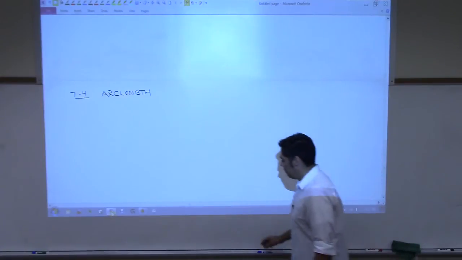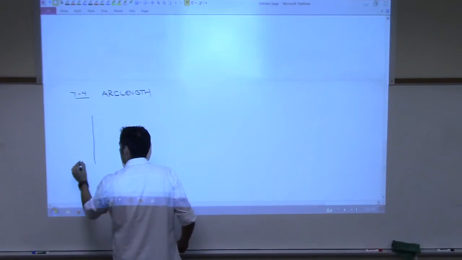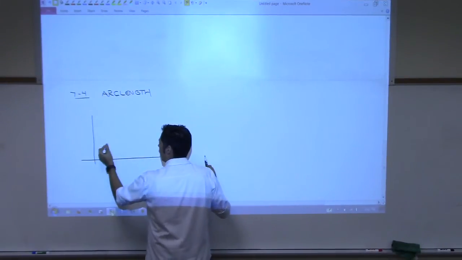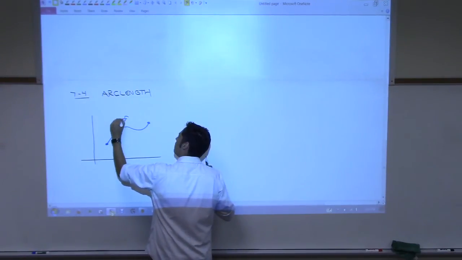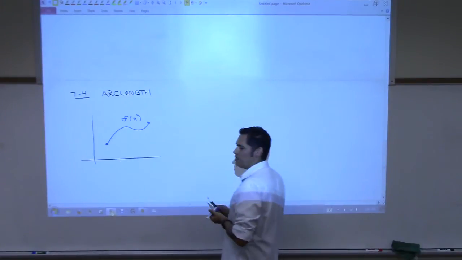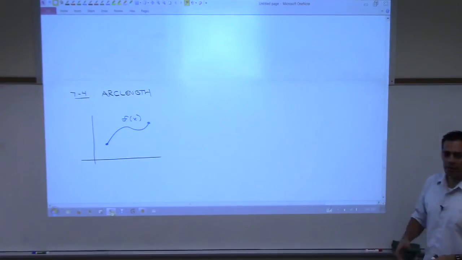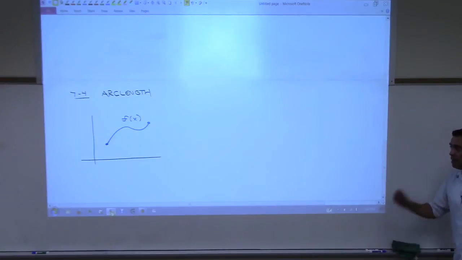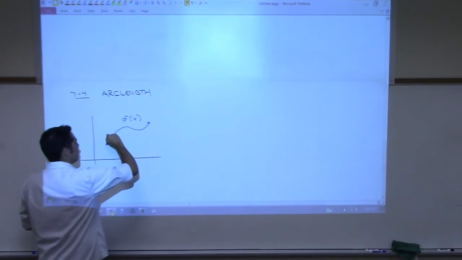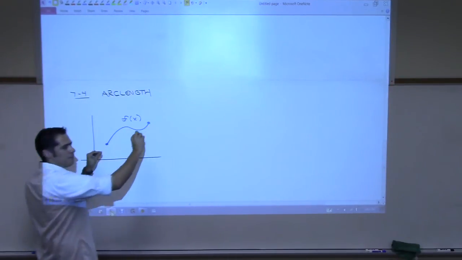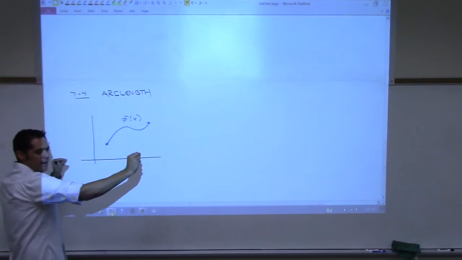So arc length. Let's just take a regular old function of x here. Back in college algebra or calculus 1, we've got some functions sitting on a piece of paper. And what we're interested in here is if we could take this thing off the page. So imagine that this was like a rope, okay? And I could take it off the page and straighten it out, right?